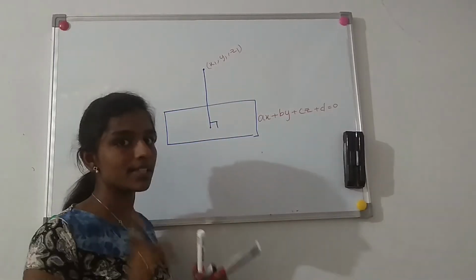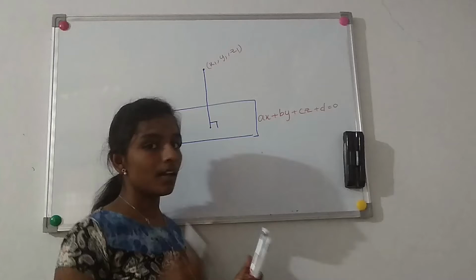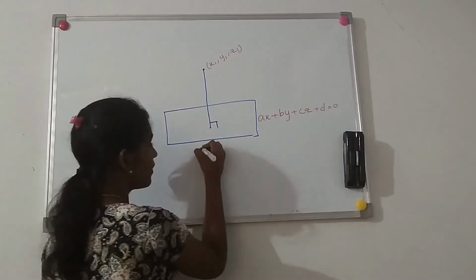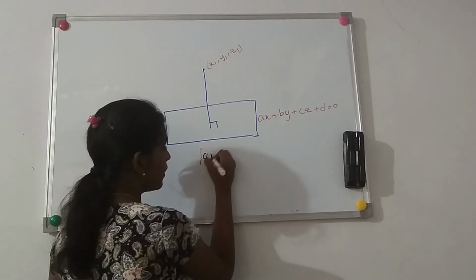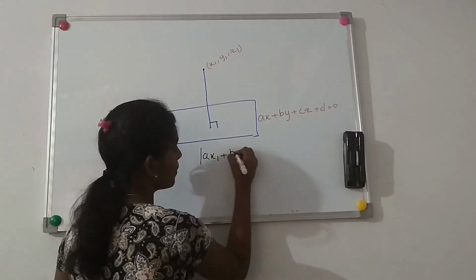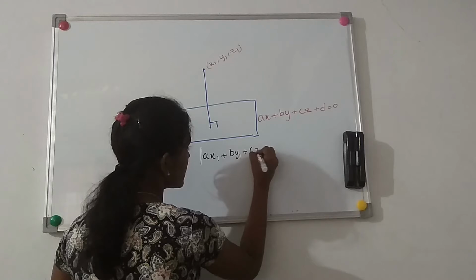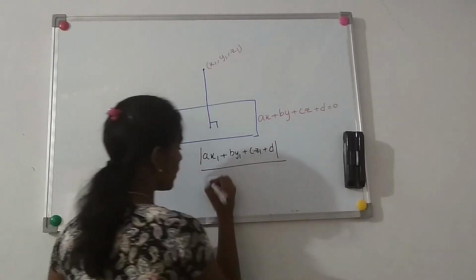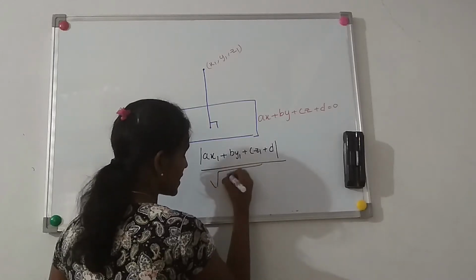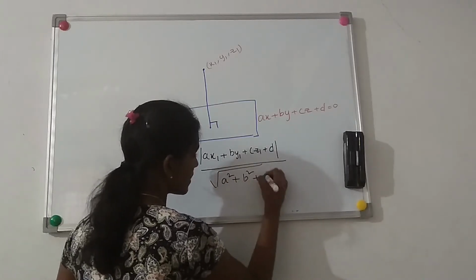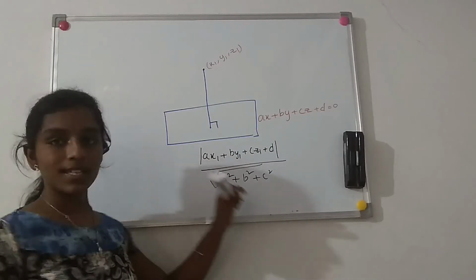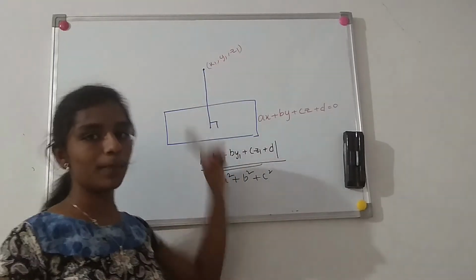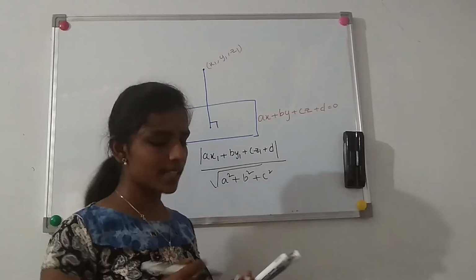Remember, the perpendicular distance. There's a formula for this, that is mod of ax1 plus by1 plus cz1 plus d by root of a square plus b square plus c square. This is the formula for the perpendicular distance of a point to the plane. Okay, is it clear for you?